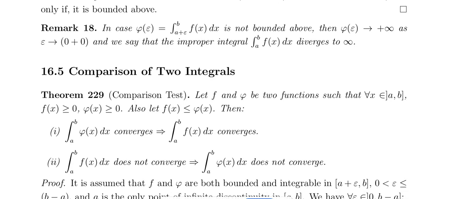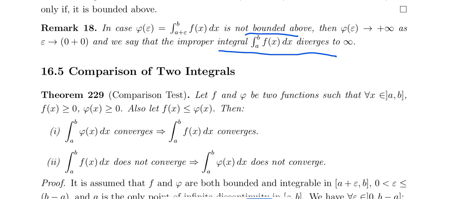Otherwise, phi of epsilon is not bounded above, that is, phi of epsilon approaches plus infinity as epsilon tends to 0. We say that the improper integral diverges to infinity.